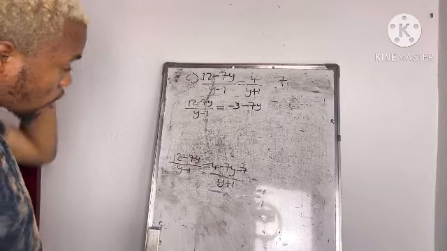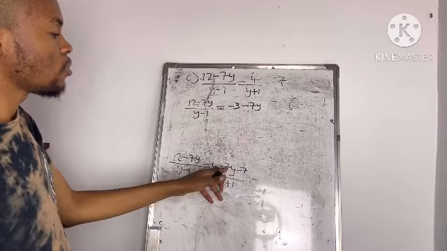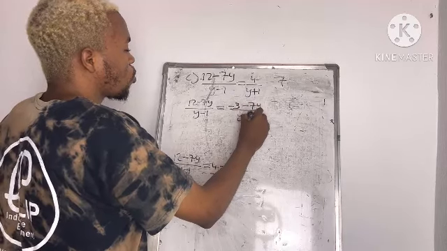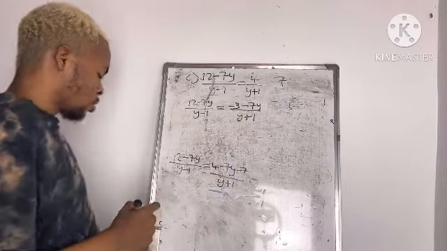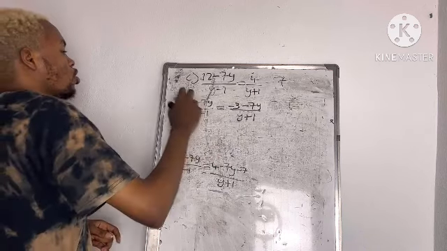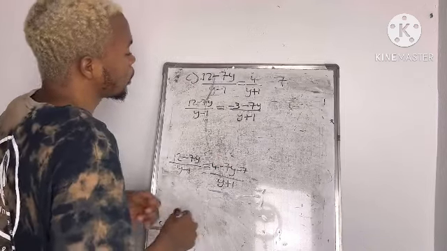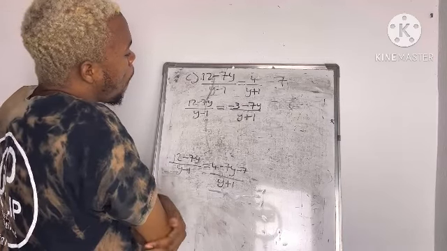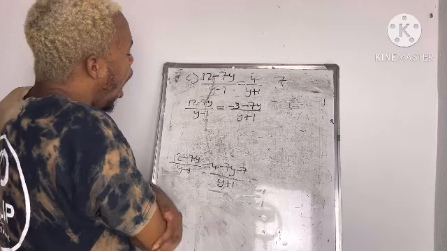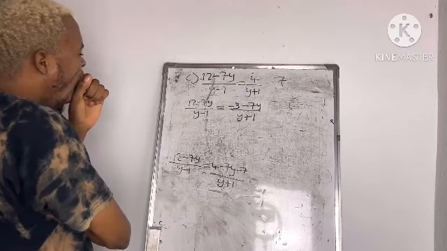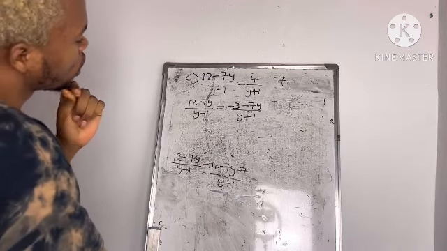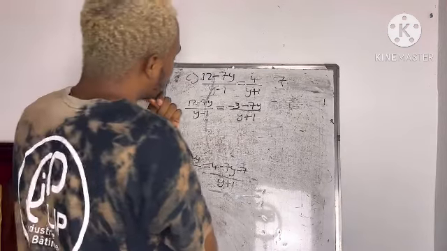Okay, 4 minus 7 gives you minus 3 minus 7y, all this divided by y plus 1. Now the next thing we should do is you cross multiply. Okay, we cross multiply.